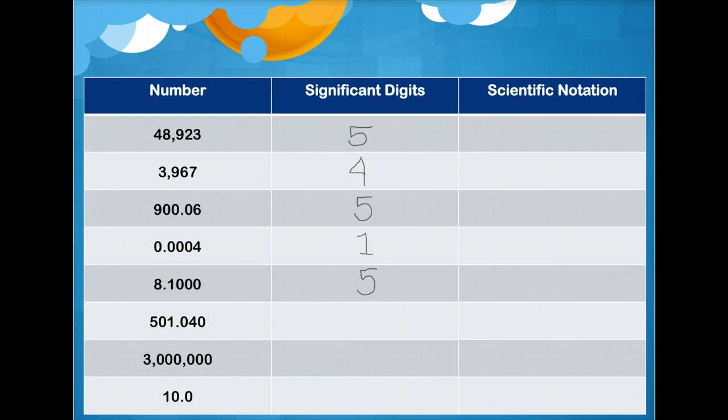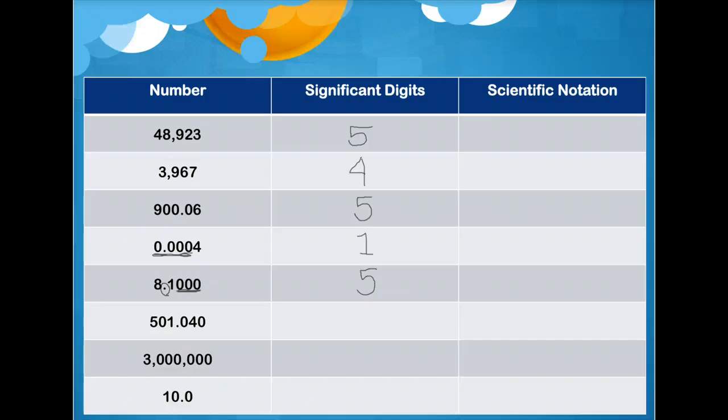Now the reason the previous one only has 1 is because these are never significant when they're at the beginning of a number. It doesn't matter about the decimal here because these are at the beginning, so they're never significant. This one, they're at the end of a number, and that's the sometimes rule. Sometimes they're significant. Why? Only when there's a decimal in the number, and here we do see a decimal, so that makes these significant, so that's 5 there.